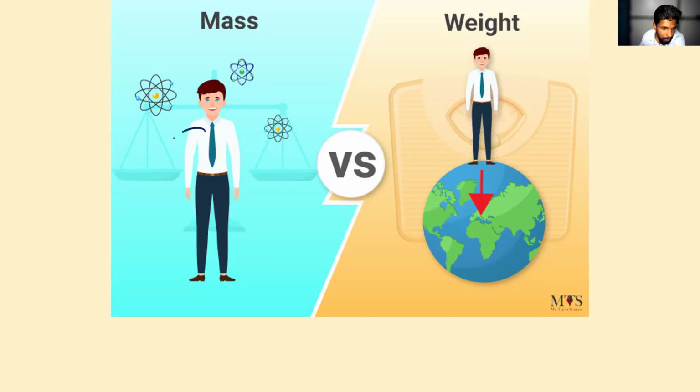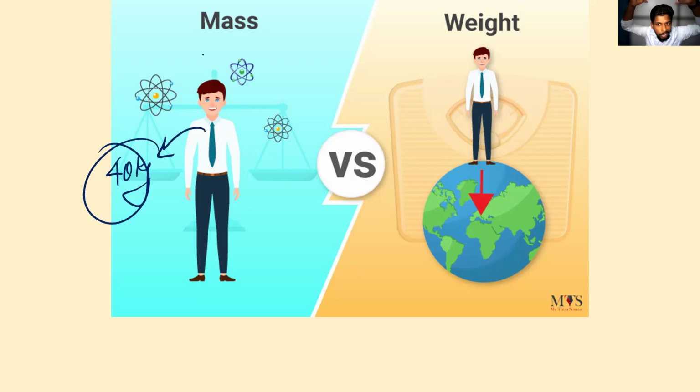Here, listen. We'll say the mass of the object is 40 kilograms. Just imagine, if you keep a 40 kilogram bag of sugar on your shoulder, it will apply a force on you. That force is called weight.